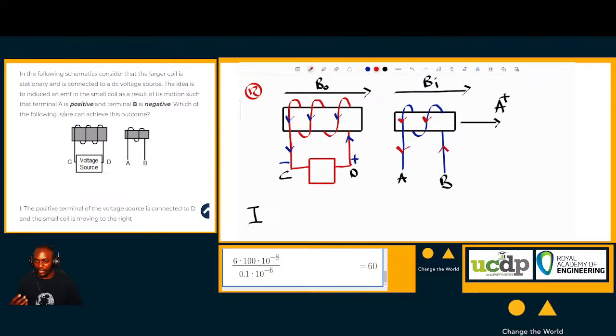If you do that correctly, then your current is flowing from B to A, which means your electrons are drifting from A to B. And if your electrons are leaving A, it means A becomes positive, since loss of electrons gives a positive charge. Do you agree? Yes, sir. Which means case 1 is fine.